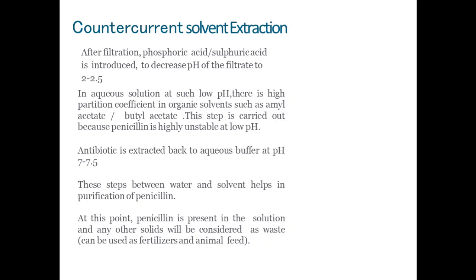This step is carried out because penicillin is highly unstable at low aqueous pH, so it is mixed with organic solvents such as amyl acetate or butyl acetate, and then the antibiotic is extracted back to the aqueous buffer at a pH of 7 to 7.5. These steps between water and solvent help in purification of penicillin.